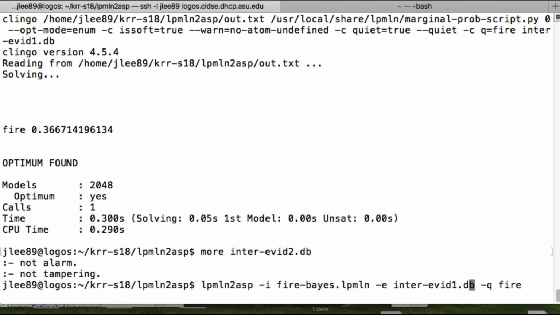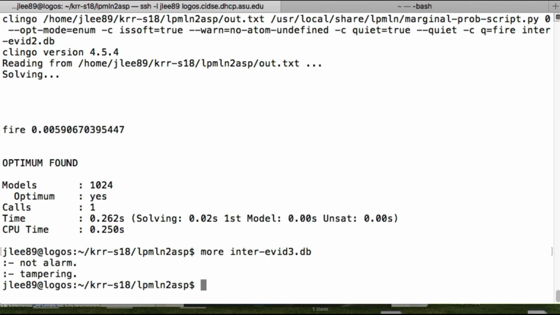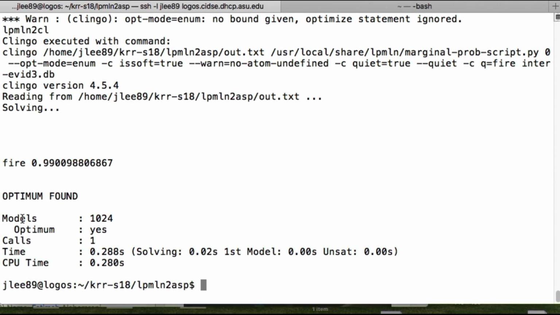The evidence gives 0.005, so the chance of fire is very low because tampering might be the explanation. But now you give this information, that alarm is true but tampering is false. Then the probability of fire is 99%. That is the explanation.